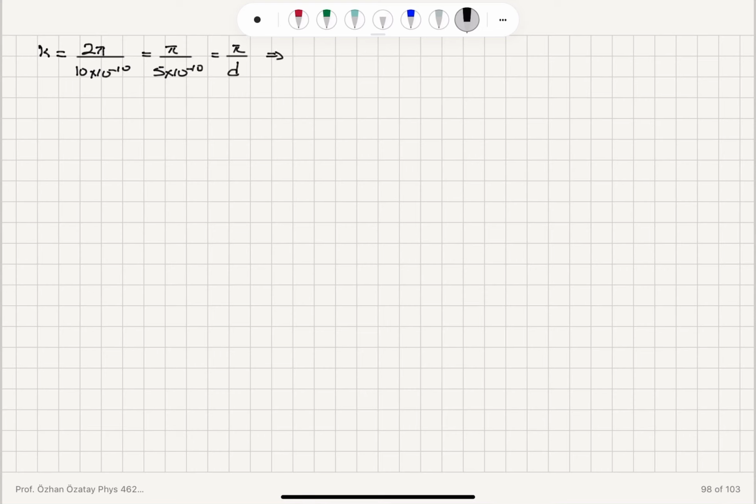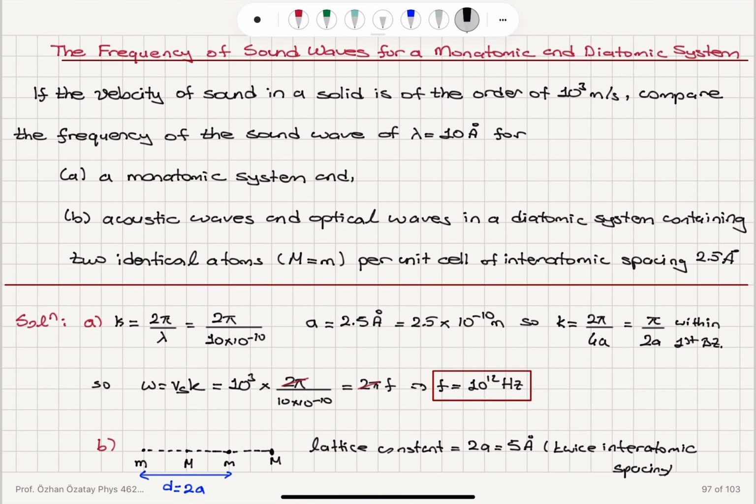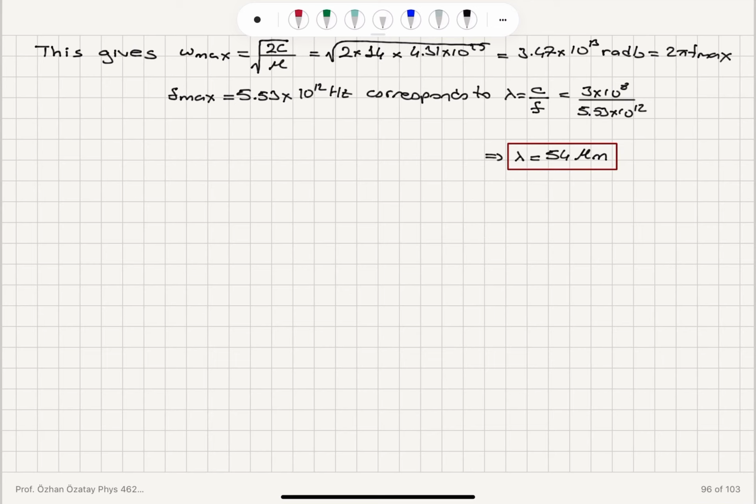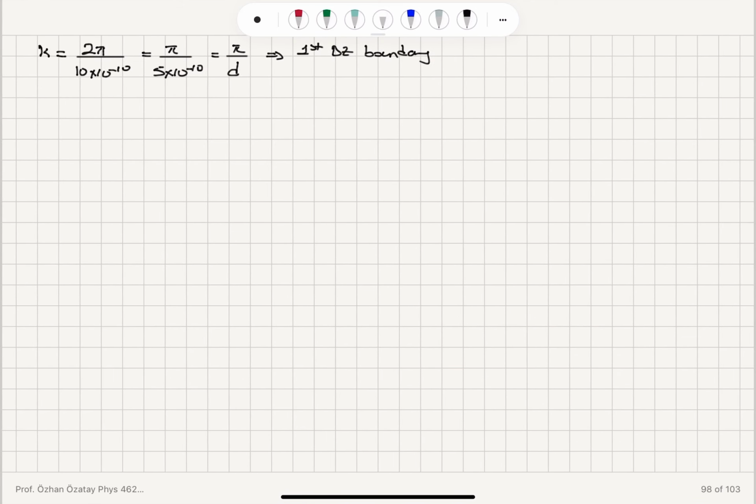So this basically corresponds to the first Brillouin zone boundary. So if you remember, for a diatomic one-dimensional lattice, we have the Brillouin zone boundary minus pi over a and plus pi over a. So this is in the Brillouin zone boundary. And in the first Brillouin zone boundary, we have standing waves forming.